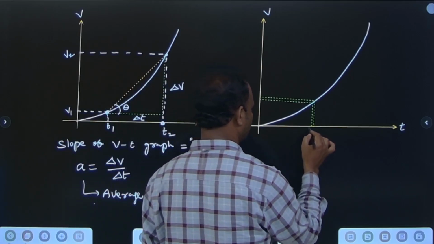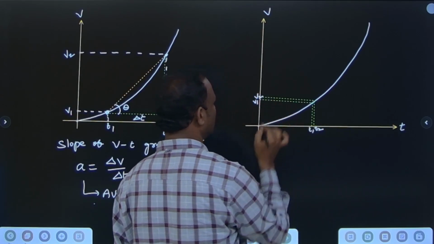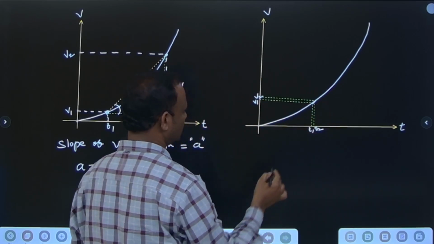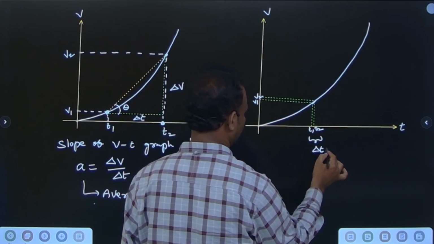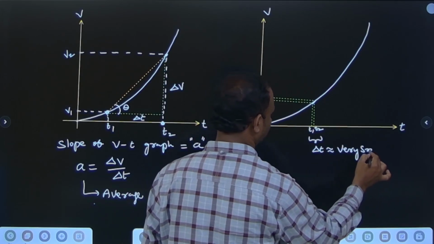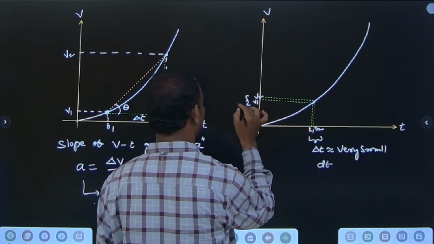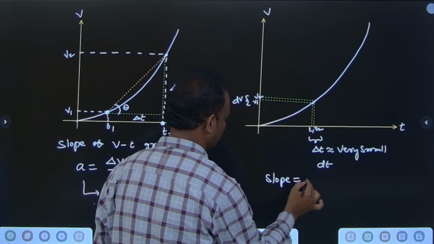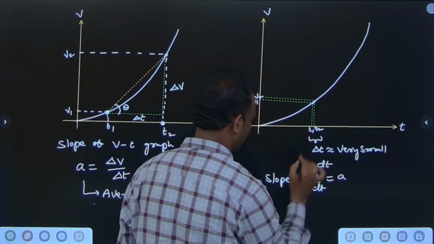This is time T1, here T2, here V1, and next V2. So delta t seems to be very small, which means we can write it as dt, and this is dv. Then the slope is dv by dt, which is the acceleration.